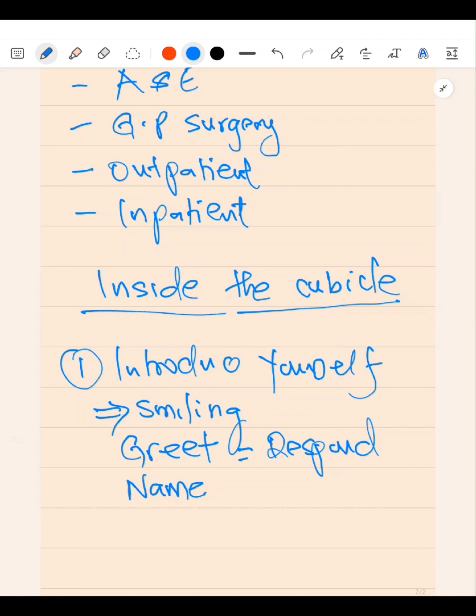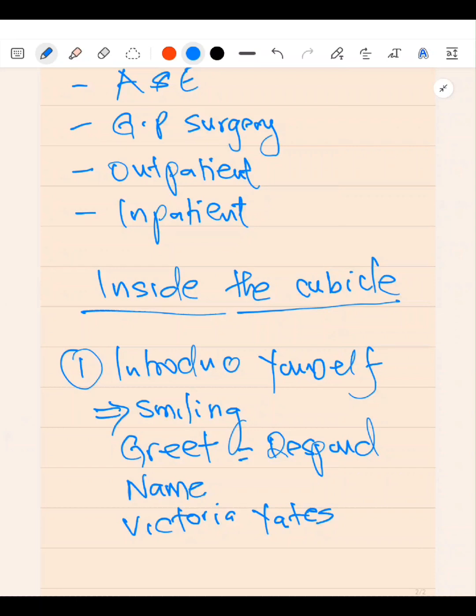Now, if the patient tells you two names, Victoria Yates, it is important to ask, how would you like me to call you? Don't say, how would you like me to refer to you? How would you like me to call you? They will say, okay, you can call me Victoria. Then you can say, nice to meet you, Victoria. And then wait. They'll say, nice to meet you too, doctor.